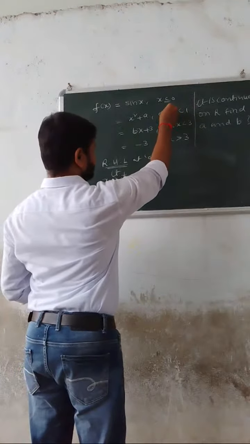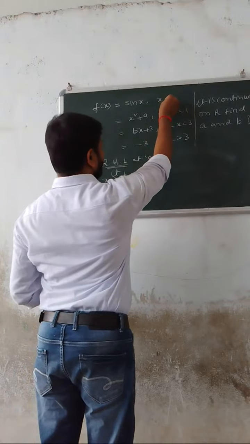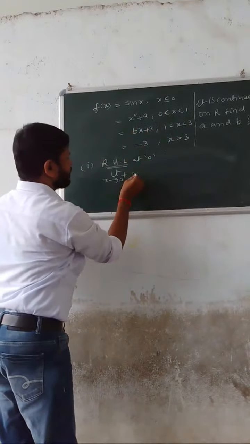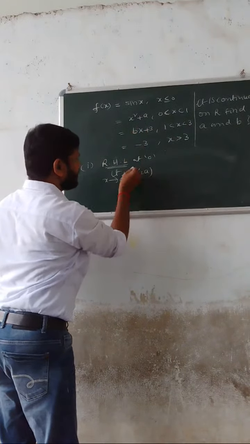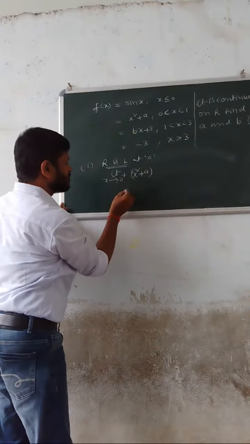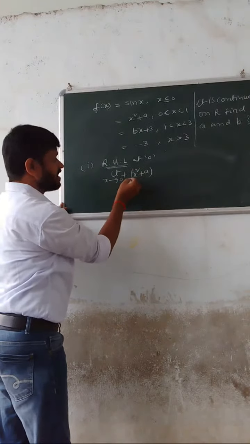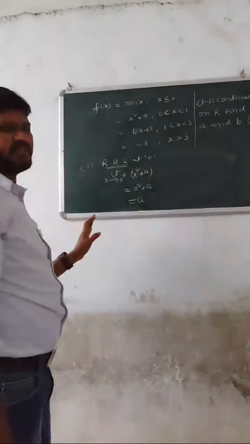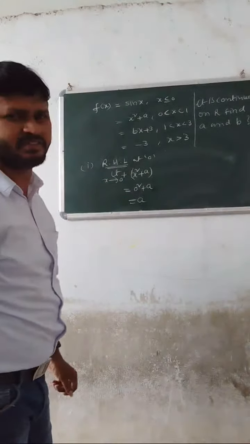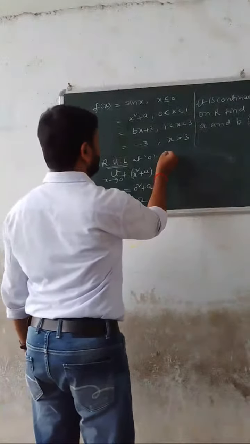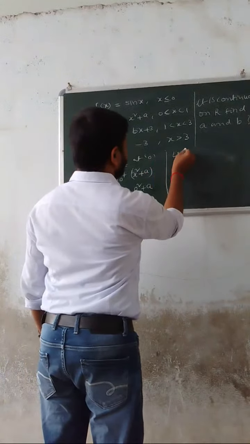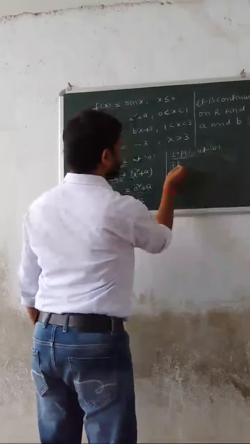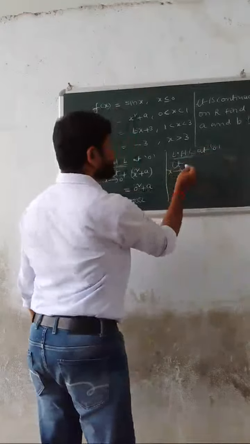Here it is x less than, here it is x greater than. Now we have to take x square plus a. Put 0 in this x: 0 square plus a, that is a. Simply, we need not write 0 plus, it's not an issue. And the left hand limit at 0, limit x tends to 0 minus.